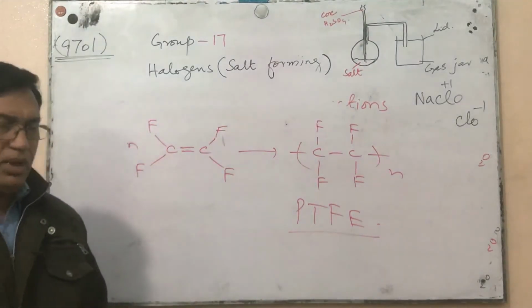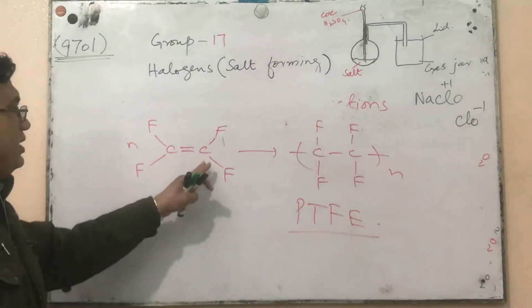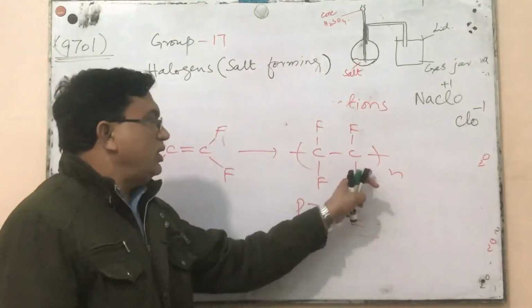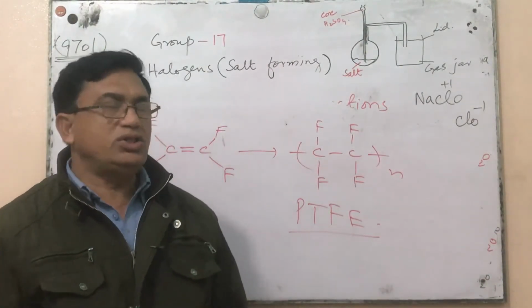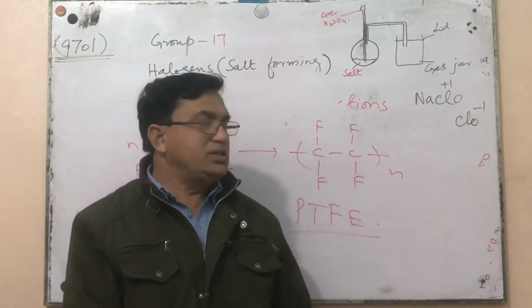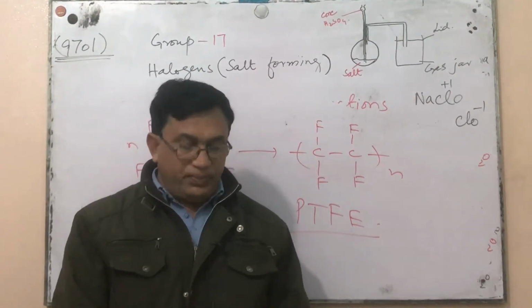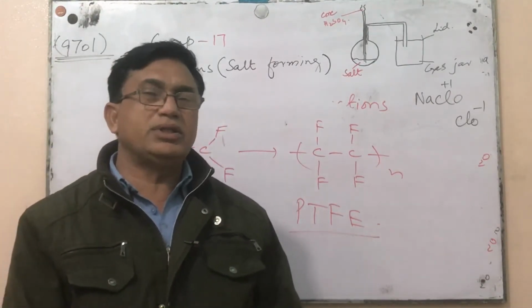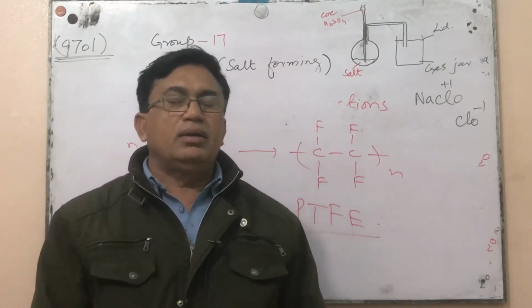It is also a valuable compound, produced by the polymerization of tetrafluoroethene. Such compounds are used as non-stick pans, and a wide range of applications is there in the chemical industry.